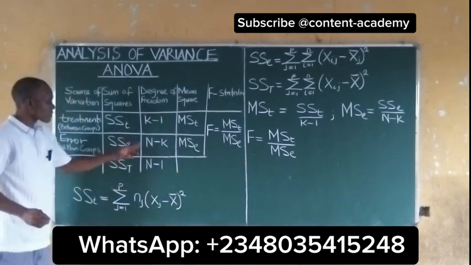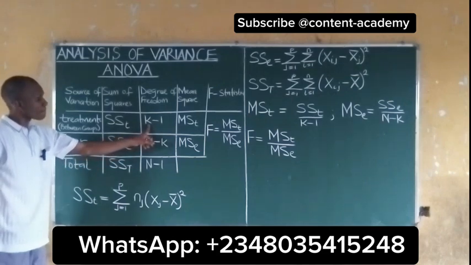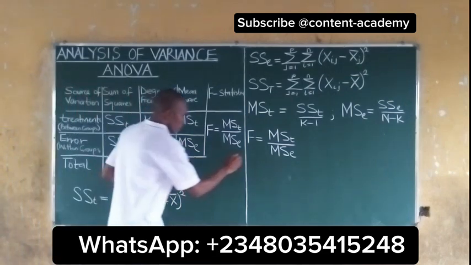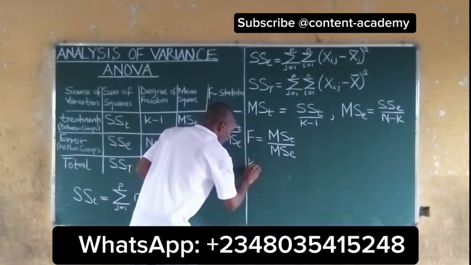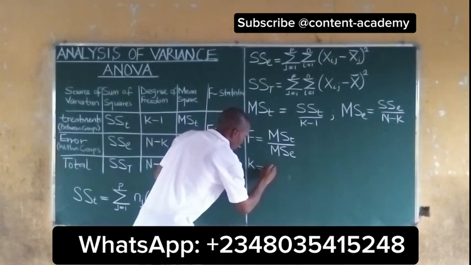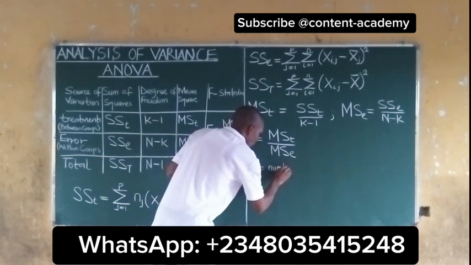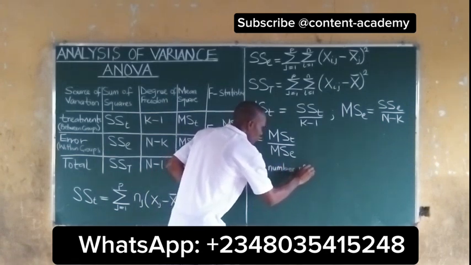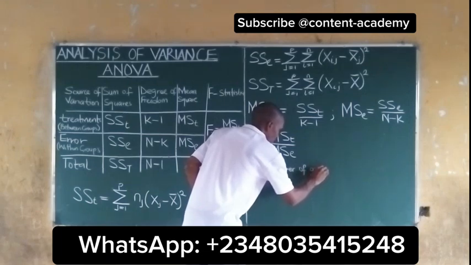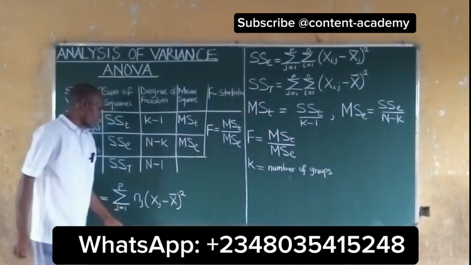Now, you can ask, what is our k? K is the number of groups of the data given.